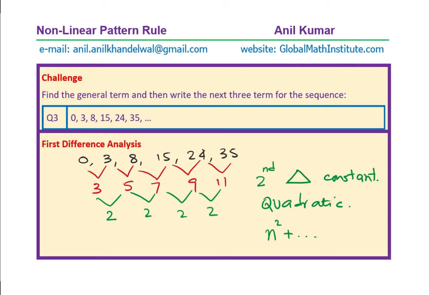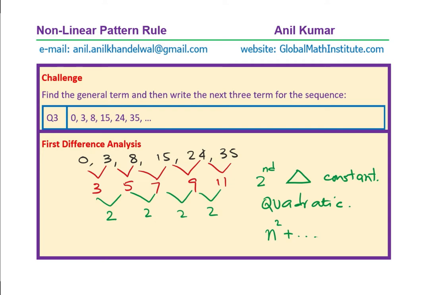Now this seems to be much simpler than the others. Why not start with the solution of the third one first, right? We see that the second finite difference is constant, so n squared is the term. If n squared is the term, what is the other term? Okay, so let's continue with this.